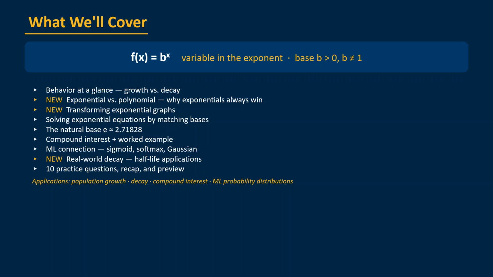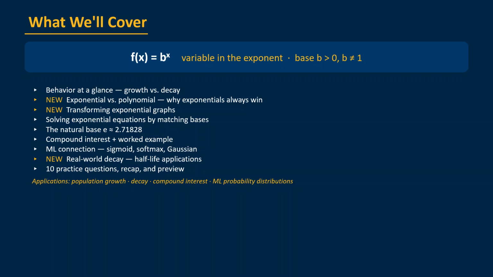This single functional form underlies a remarkably diverse range of phenomena: population growth in biology, radioactive decay in physics, compound interest in finance, and most continuous probability distributions encountered in machine learning.